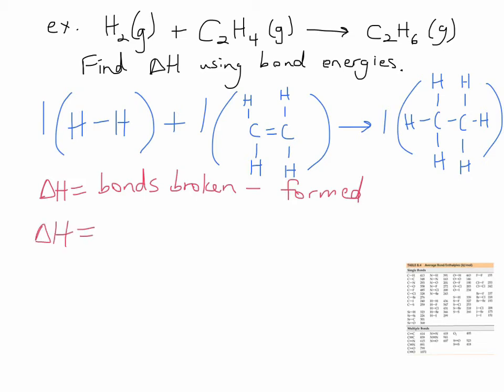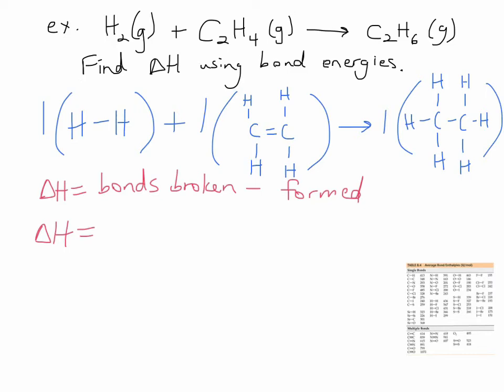You want to think about all of the bonds that are broken as all the bonds on the left side of the arrow, and all of the bonds that are formed are the bonds on the right side of the arrow. Now in terms of what bonds are actually broken and formed, not all of the bonds are actually broken. For example, this C to H bond isn't going to break.